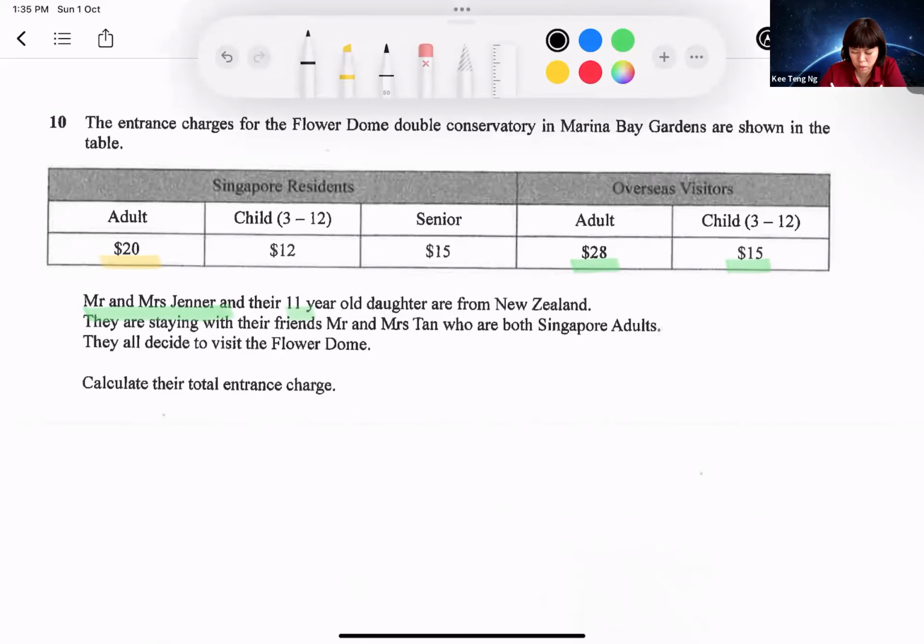So Mr. and Mrs. Jenner, you have 2 adults at $28, plus the 11-year-old child at $15, plus 2 adults, Mr. and Mrs. Tan, who are Singapore citizens, so 20 times 2. A total of $111. Have you gotten the answer?